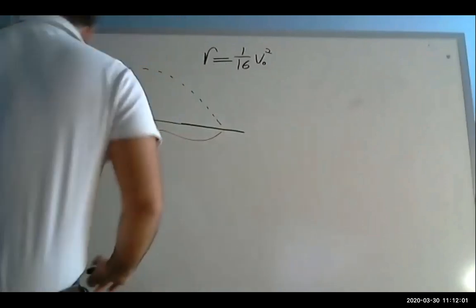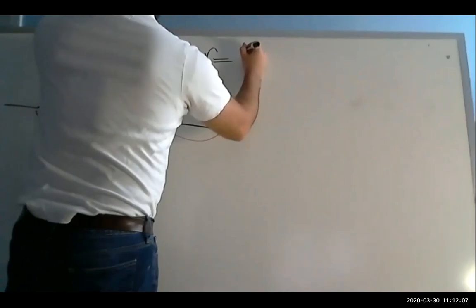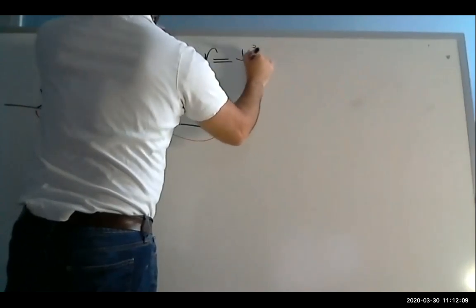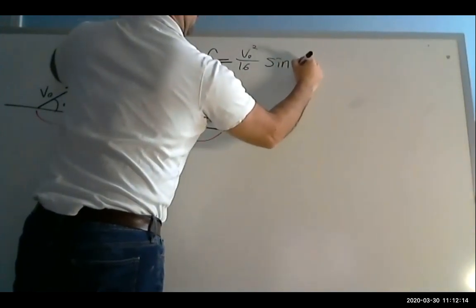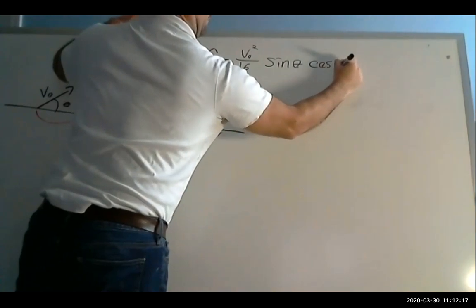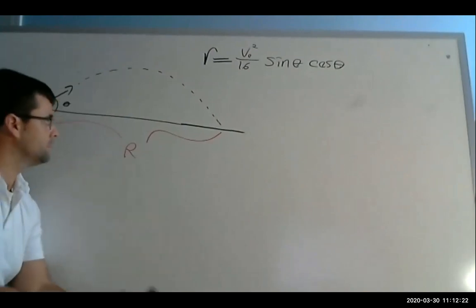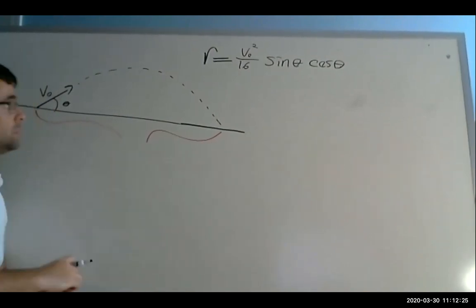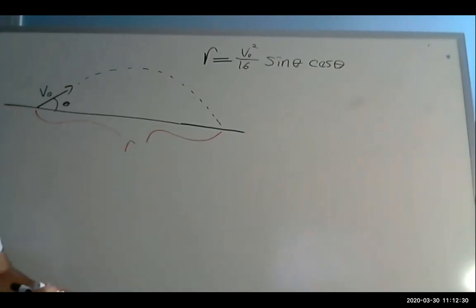I'm going to write it a little bit differently. All right, so the range, keeping our variables the same, R, depends on how fast you throw it and the angle at which you throw it. Okay? Makes kind of sense to most people.